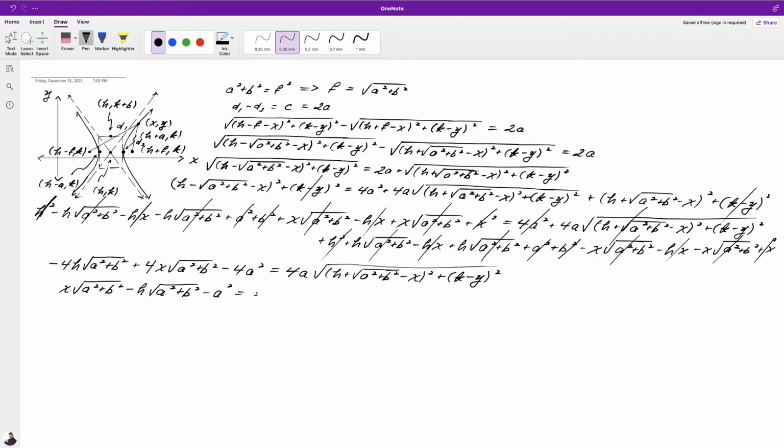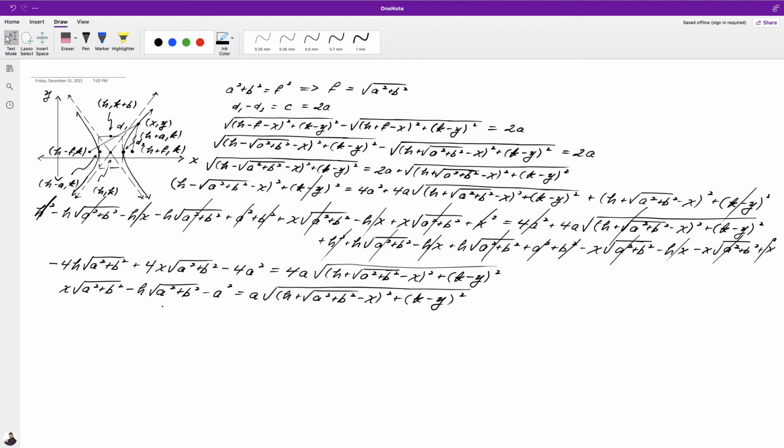And then over here, we're going to have a times, of course, the square root of all of this. Let's get that in there carefully. Again, dividing both sides by 4 and then rearranging these terms using the commutative property.